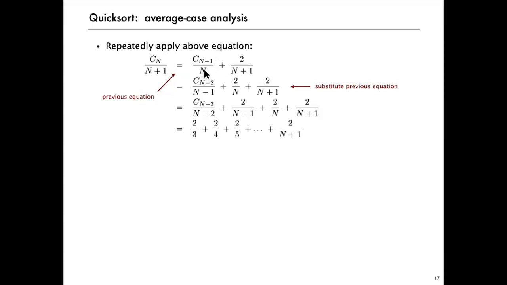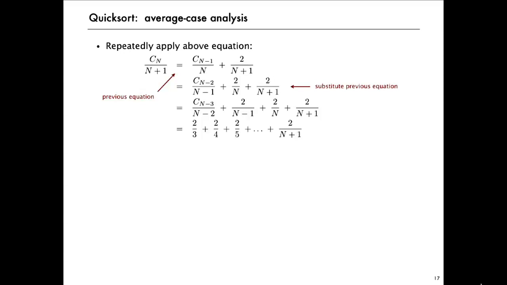The first term at the right is the same as the term on the left, so we can apply the same equation. So it's 2 over n plus 1. We apply for n minus 1. We get 1 less here, and we throw out a 2 over n. And continue that way, throwing out 2 over decreasing numbers all the way down until we get down to 2 elements, or C_1, which is 0.